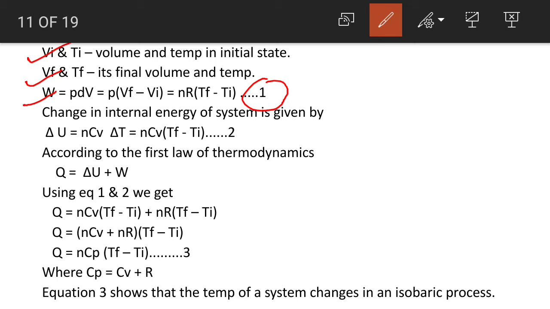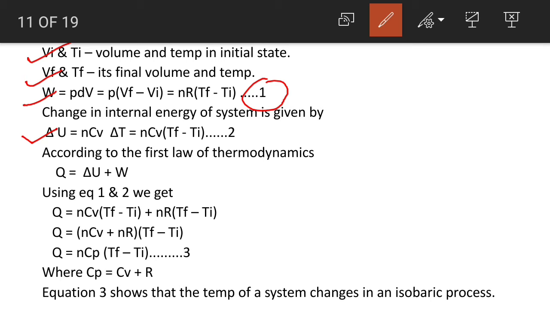Now the change in internal energy of the system is given by delta U is equal to nCv into delta T, where delta T means the change in temperature. So it is equal to nCv into (Tf minus Ti).